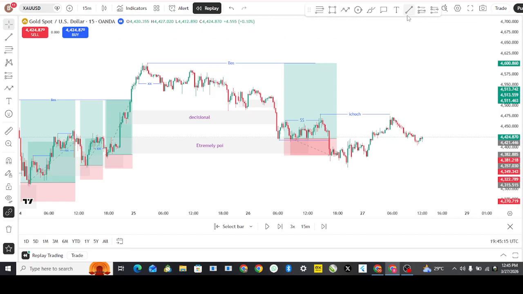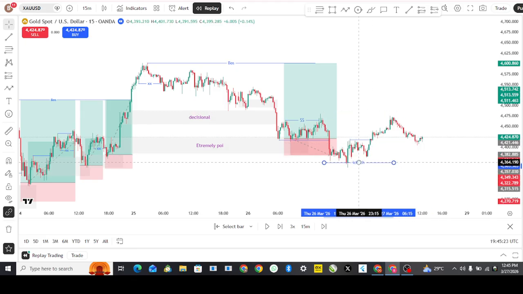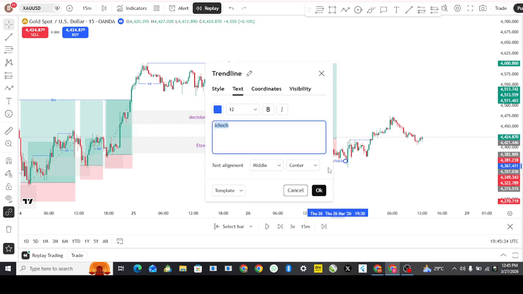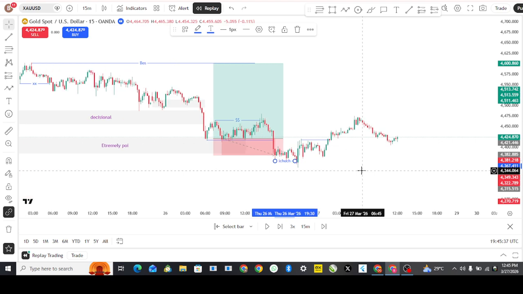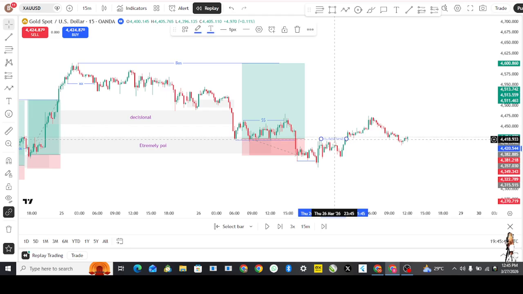All right. If you look very well, we have another high here, and then we have another low here. Okay, now this is our internal change of character.